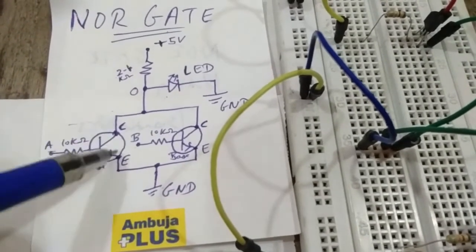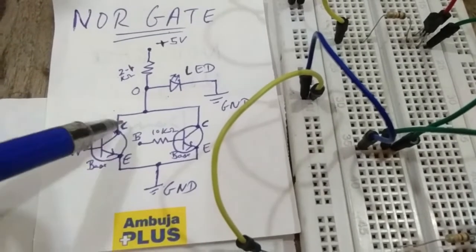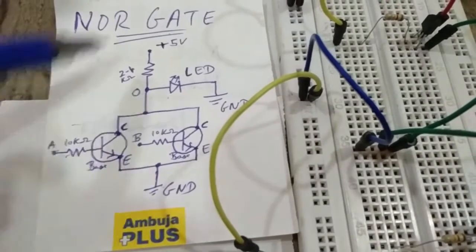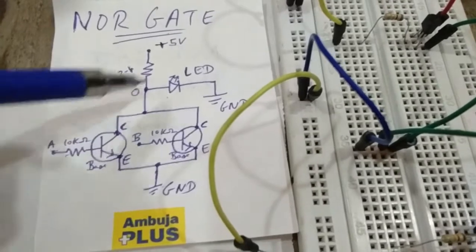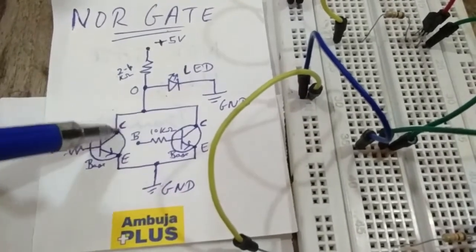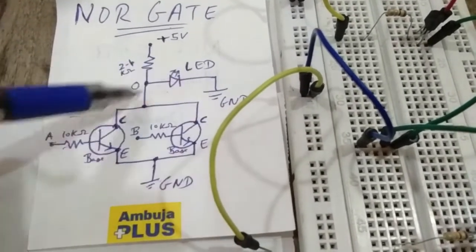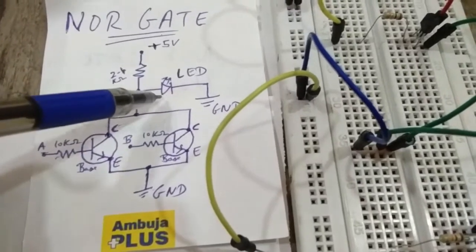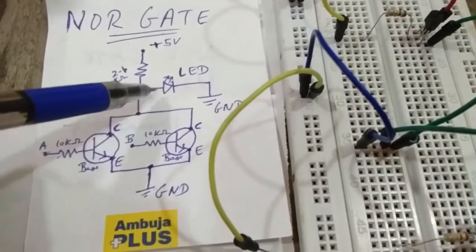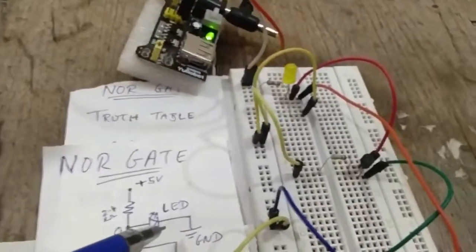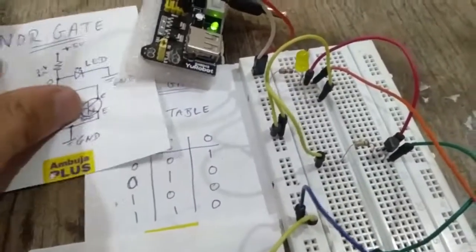Since there is a direct connection, the collector and emitter both are 0, and since the LED is also connected directly to this collector, the LED is also receiving a 0 input, and hence the LED is off in this case. So this was the third case.